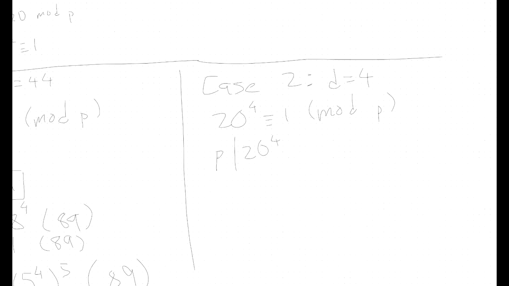And with the difference of squares, you can factor this as 20 minus 1 times 20 plus 1 times 20 squared plus 1, so p divides 3 times 7 times 19 times 401.